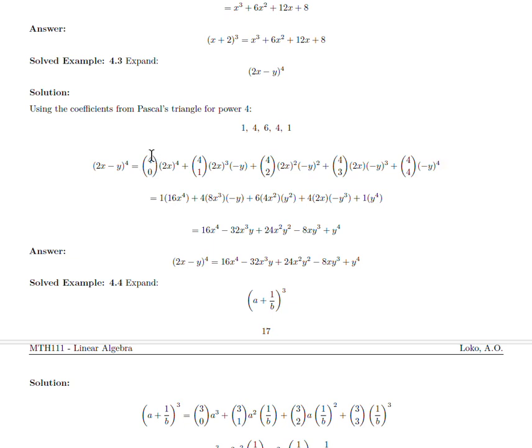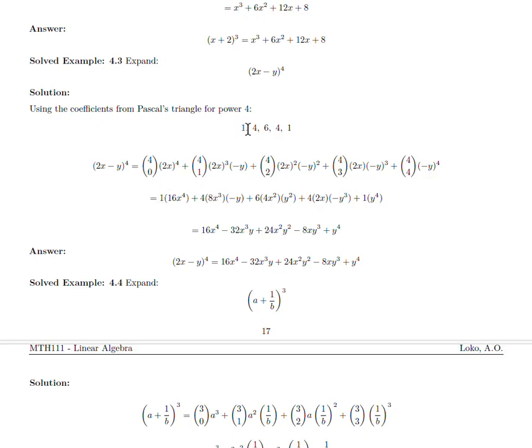And of course our combinations will just be 4 combination 0, 4 combination 1, combination 2, combination 3, combination 4. That's how it goes.